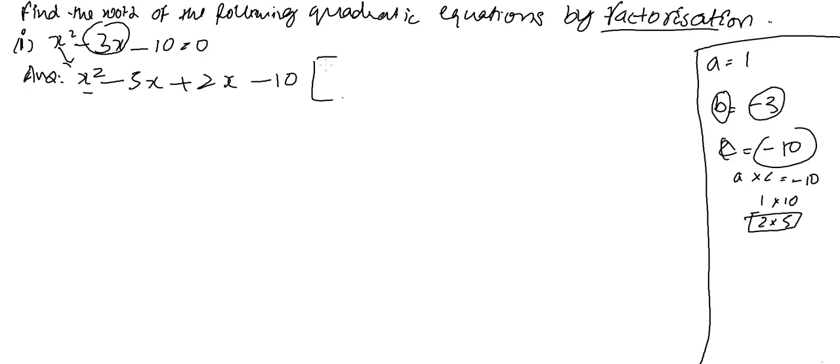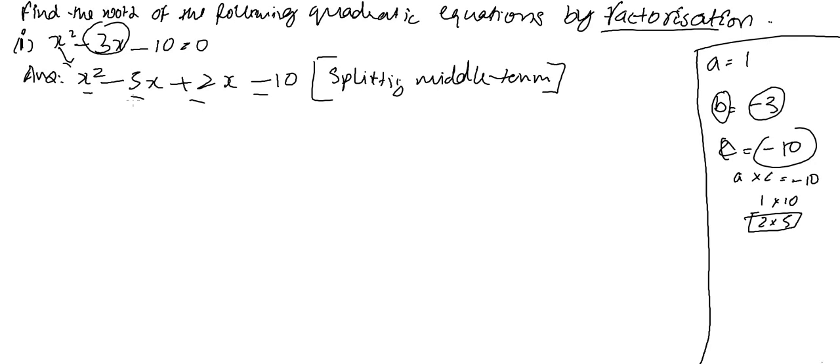If you want, you can write it in a bracket: splitting middle term. So by splitting it we will get x square minus 5x plus 2x minus 10. And minus 5x plus 2x is minus 3x.